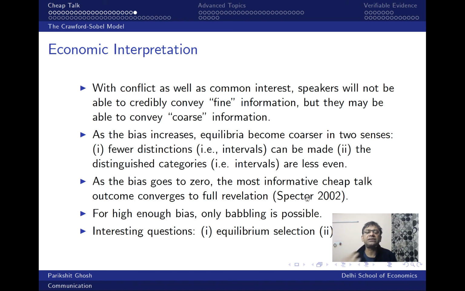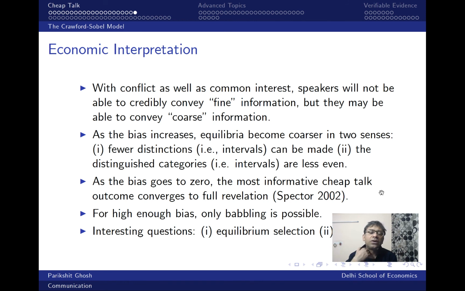There are some technical challenges in trying to prove that, and it has been proved in a paper by Spector, 2002. If anybody's interested, I can give you the reference or you can look it up. Essentially, the loss of information in cheap talk that we are seeing is because of the bias. And if bias is very high, only babbling is possible.